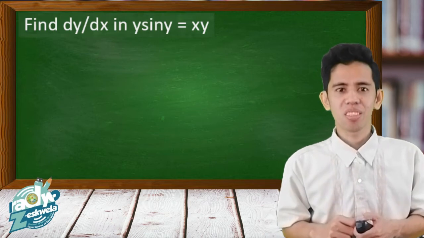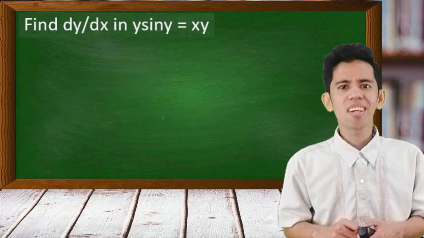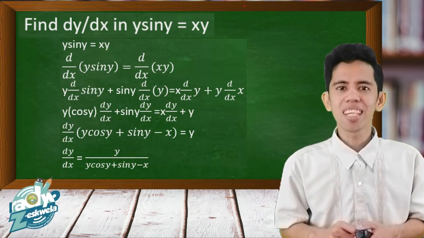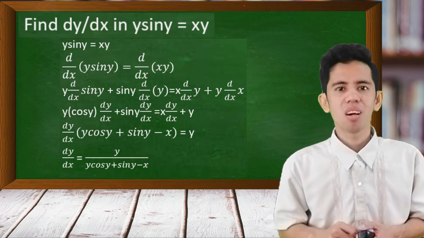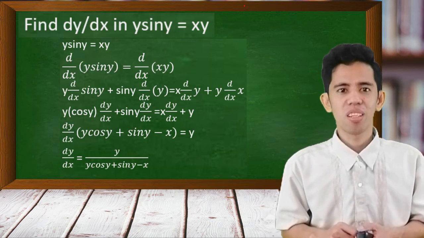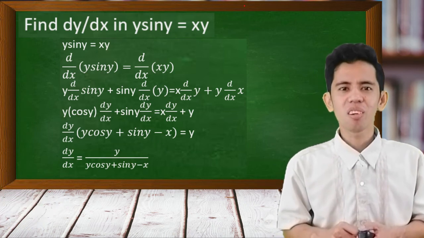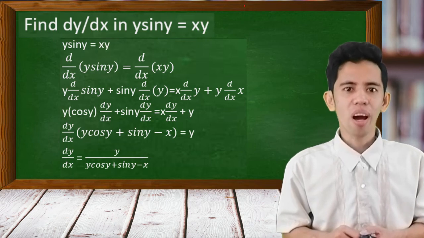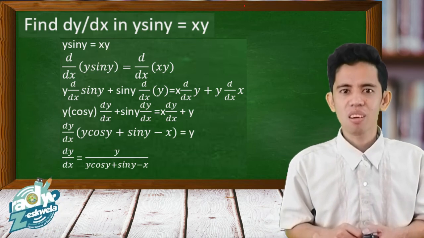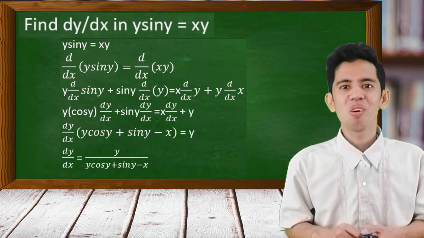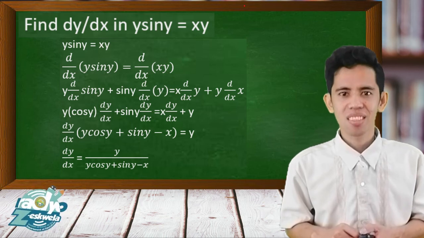Let's check your answer. d over dx times y sine y is equal to d over dx times xy. We have y times d over dx of sine y plus sine y times d over dx of y is equal to x times d over dx of y plus y times d over dx of x.